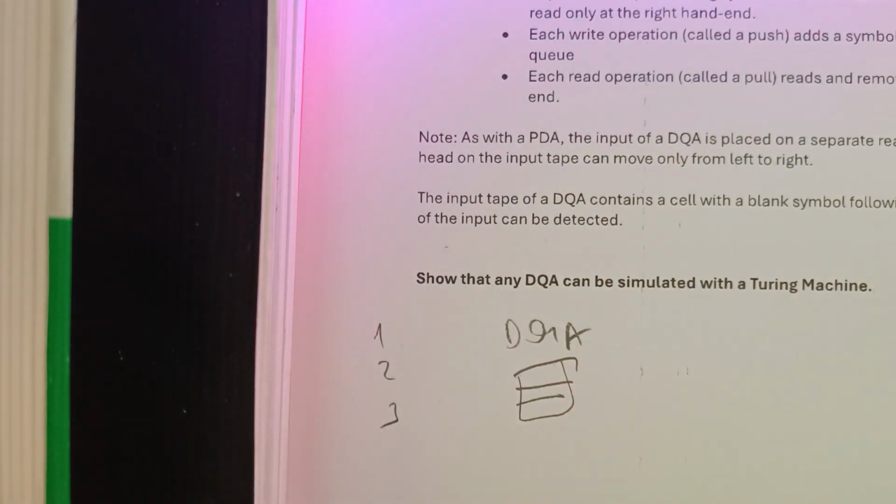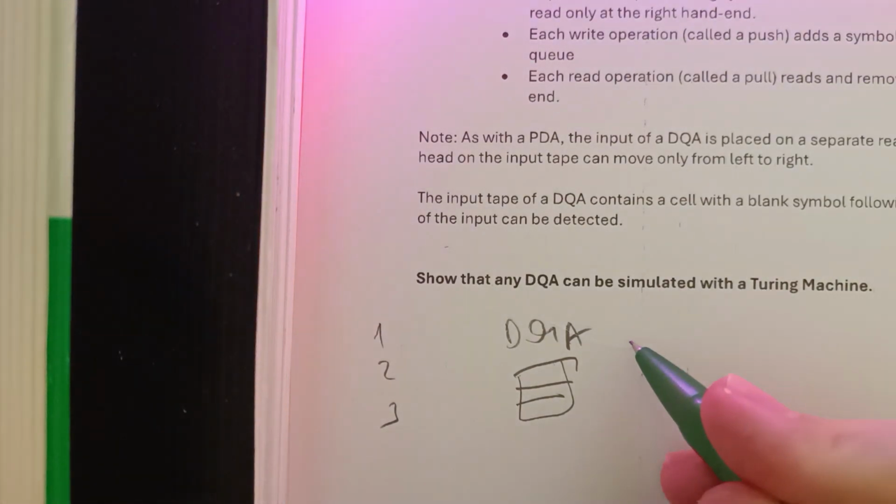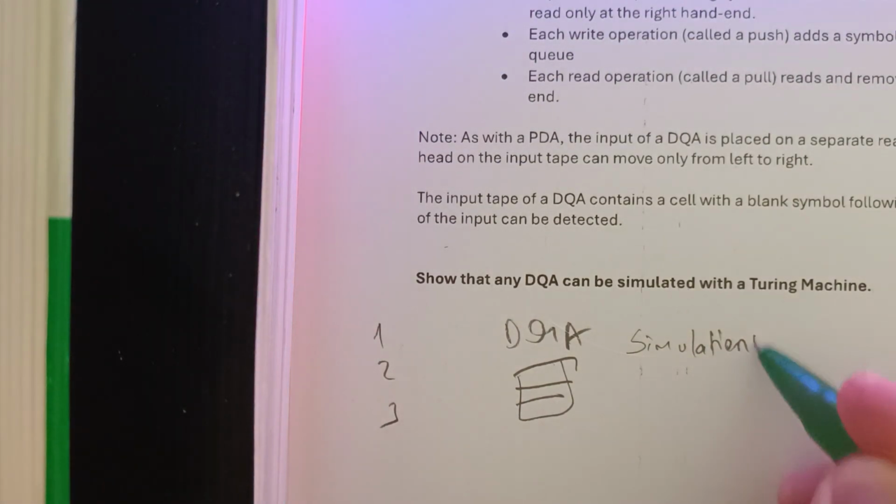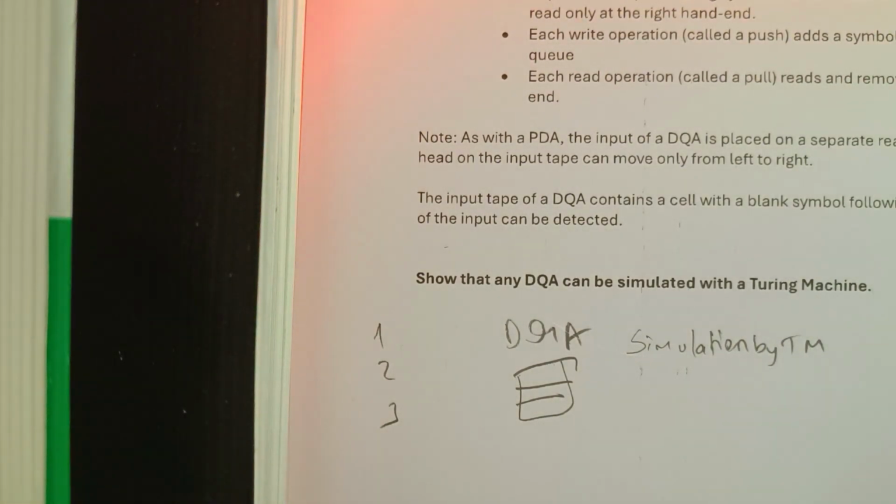The deterministic automaton accepts if it enters an acceptance state, with the input and queue depending on the definition. The key idea is simulation by a Turing machine.